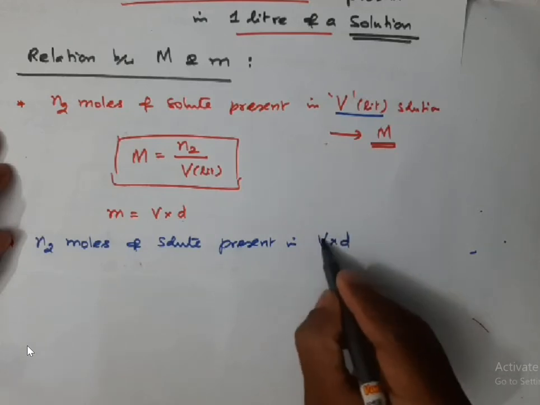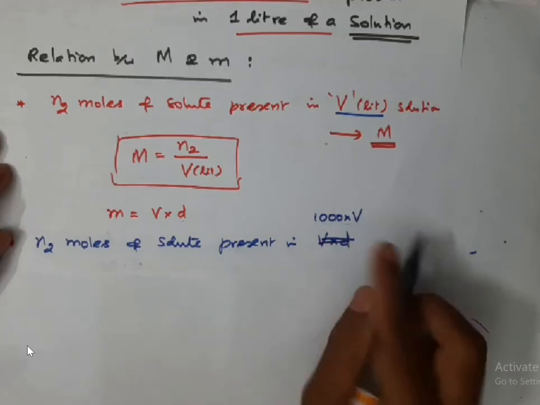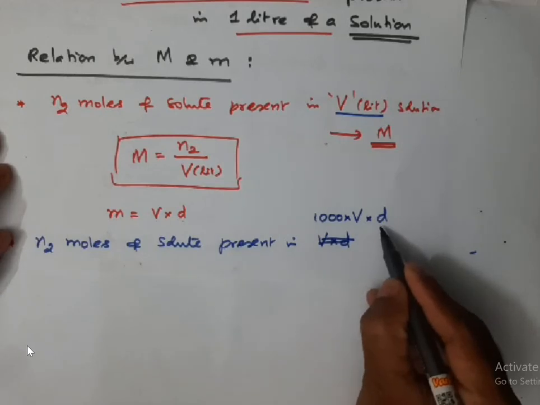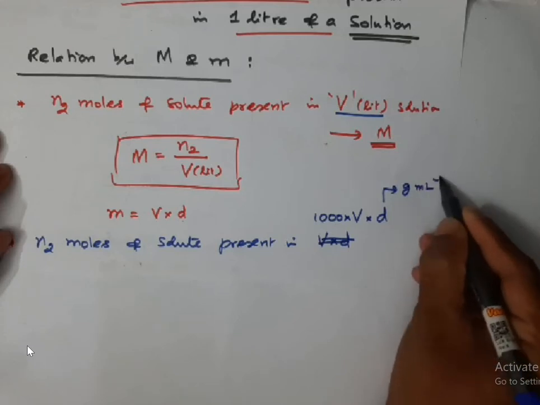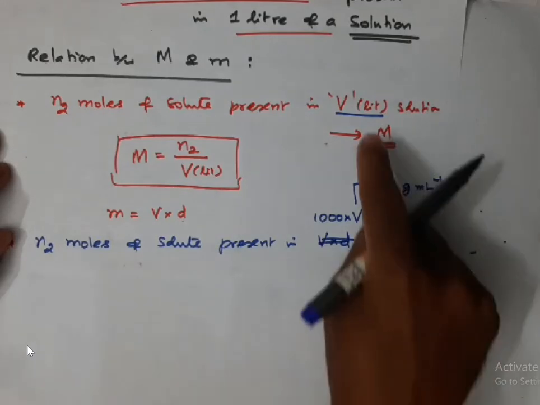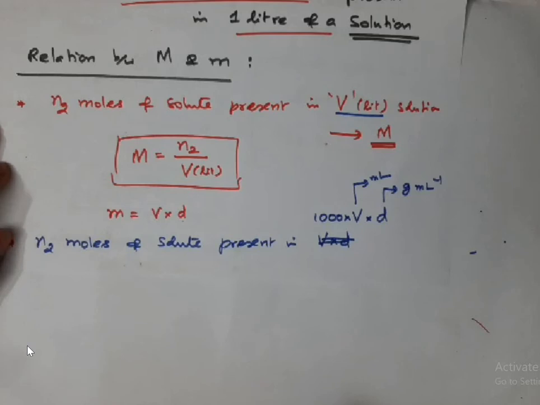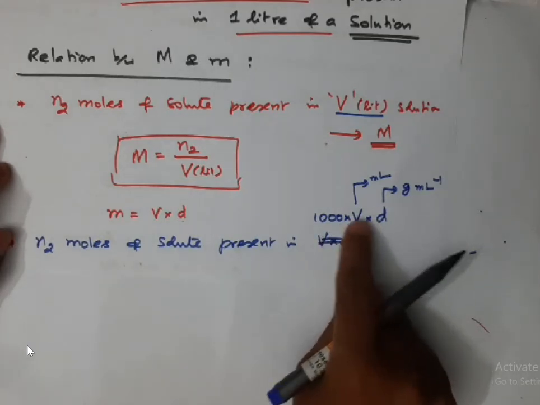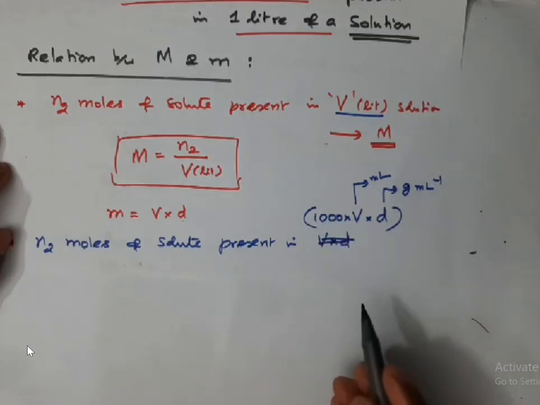Let me write here 1000 into V. You will get volume in ml into density. Density should be in gram per ml. So 1000 into volume into density will give you the total weight of the solution, right?